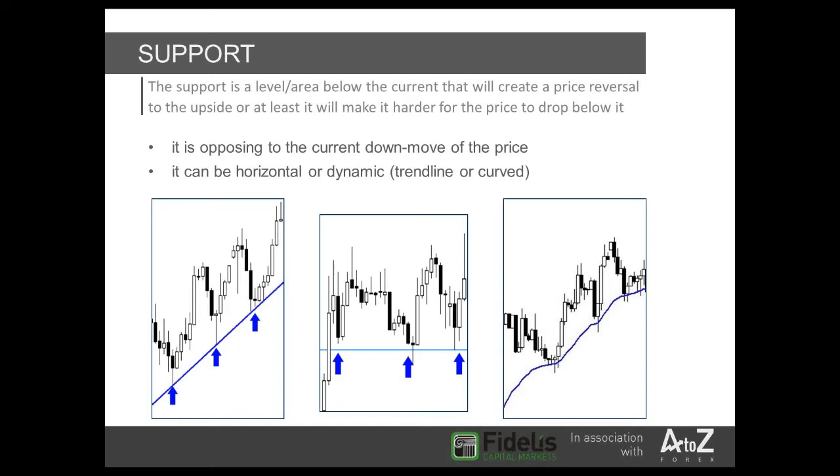You'll always find demand, bulls that will want to go into the market in the support areas or near the support levels. So you'll always have to expect some bull action in the support area. Keep in mind that a support should always be drawn below the current price, as you see here in these examples.